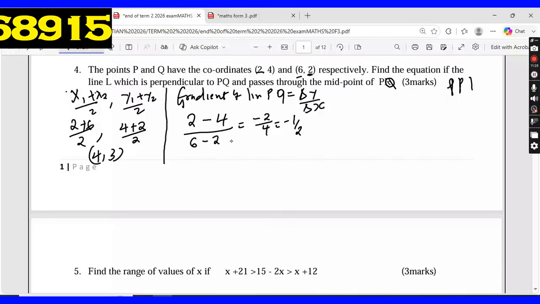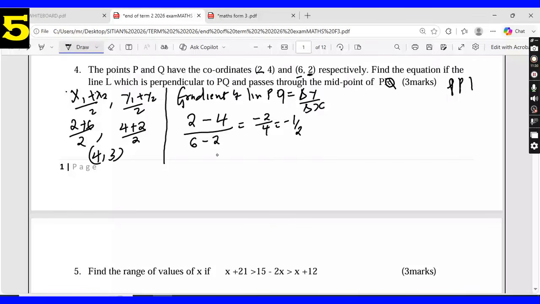Now we want a line L which is perpendicular to PQ. If it is perpendicular to PQ, remember M1 times M2, the gradient 1 times the gradient 2, will give you negative 1.